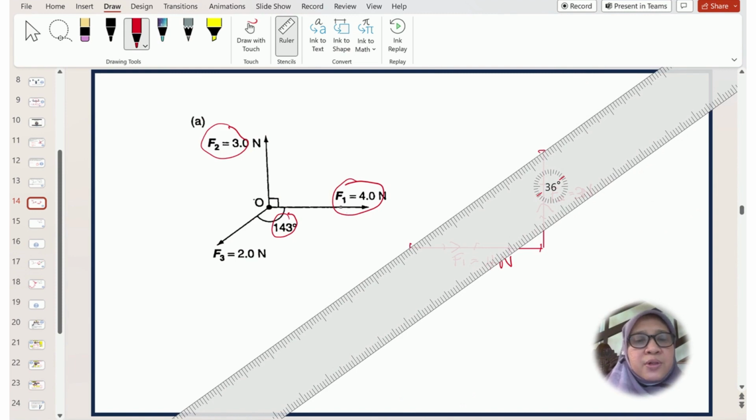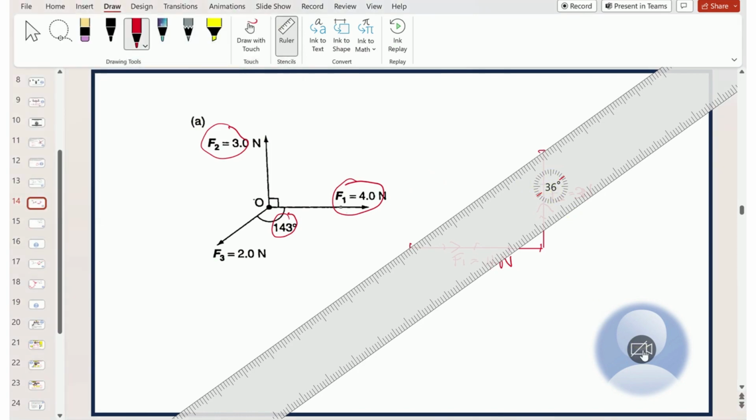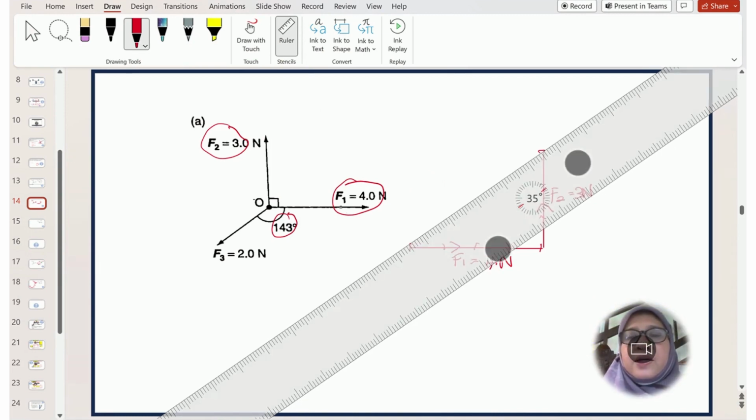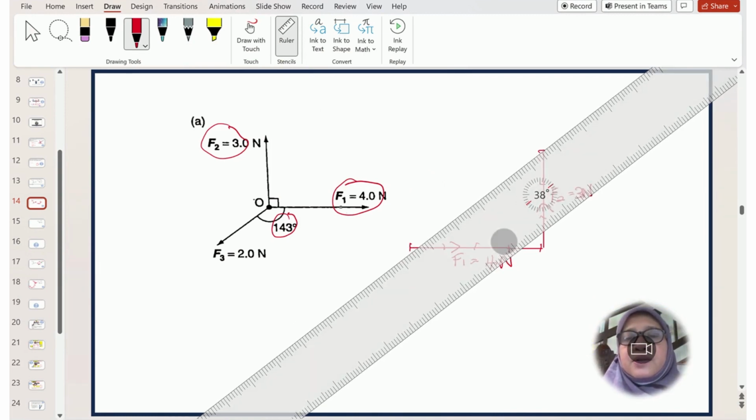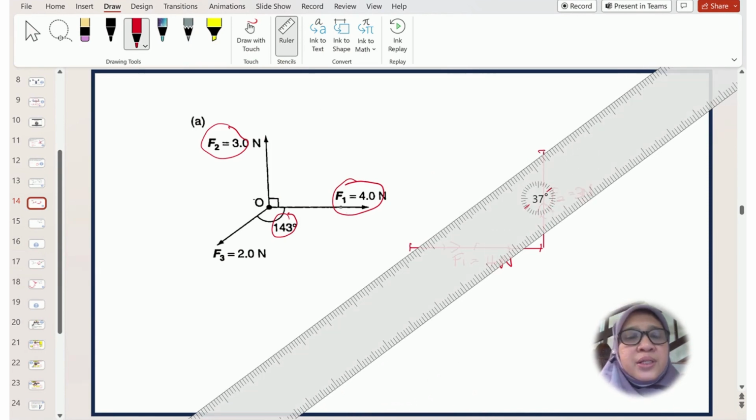The angle will be 180 minus 143, so the angle is 37. About this angle. Okay, 37. So we draw 2 Newton.